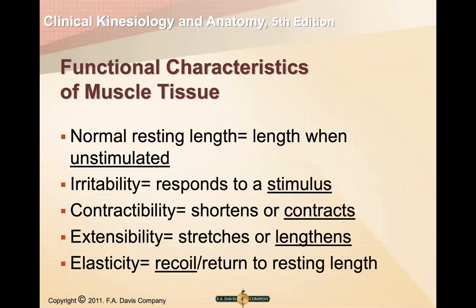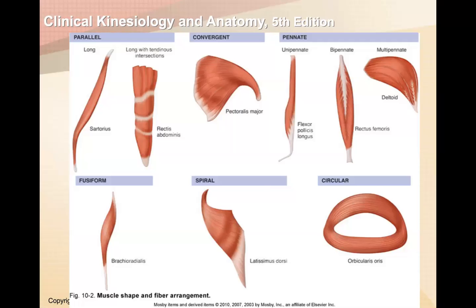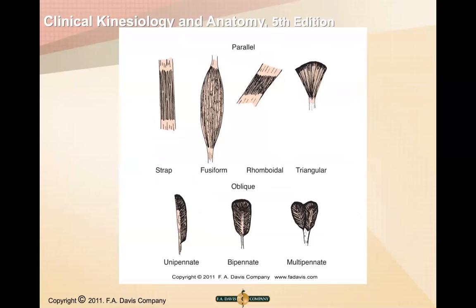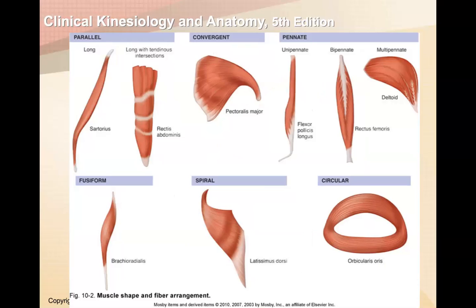Anyway, any questions about muscle shapes? Hopefully I didn't confuse you on these. As far as knowing shapes, I just want you to know what a triangular muscle looks like. I want you to know the difference between long muscles and multipinnate muscles and spiral muscles and circular muscles. Just the major shapes.